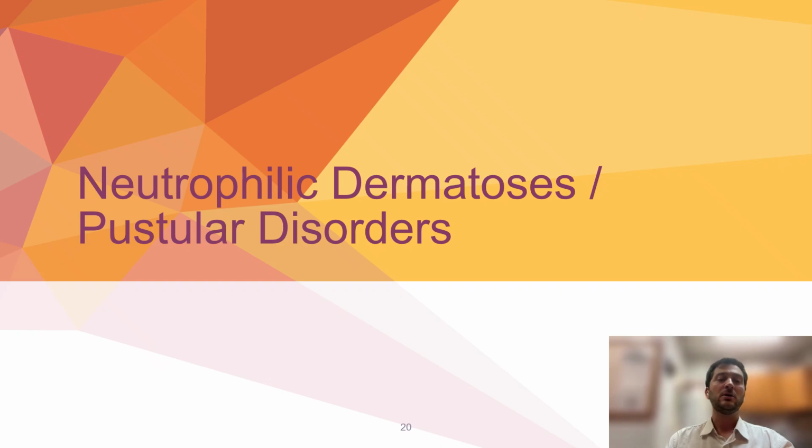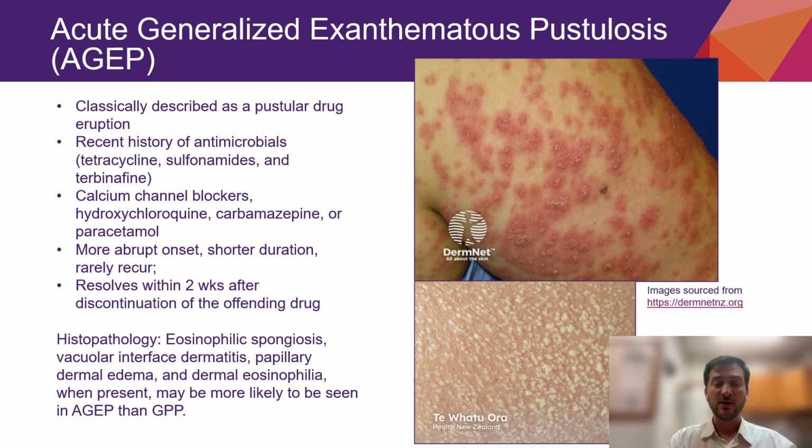And now we will talk about the neutrophilic disorders and pustular disorders. And we'll start with probably the most important differential diagnosis of GPP. Acute generalized exanthematous pustulosis, AGEP, is probably the main differential diagnosis of GPP.